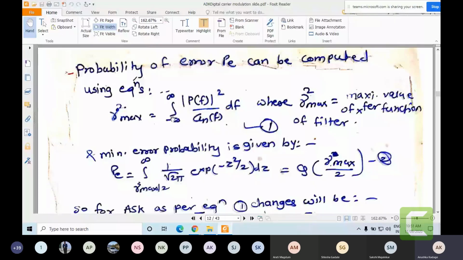So here this gamma square max has to be carried out for the period of minus infinity to plus infinity. This GNF will indicate the noise power spectral density representation, while PF square will indicate the signal power spectral density.